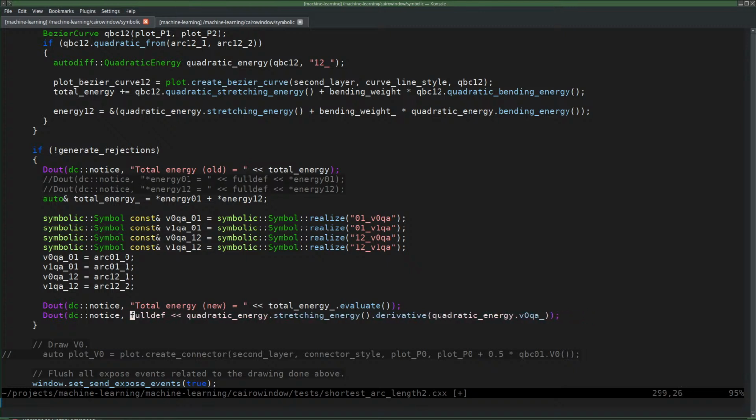Let's just print a derivative of the total energy with respect to what is actually slightly problematic.